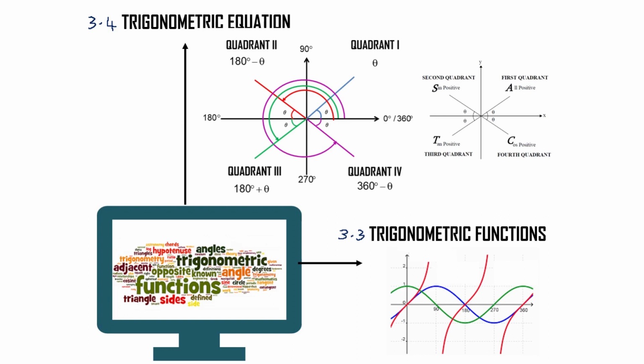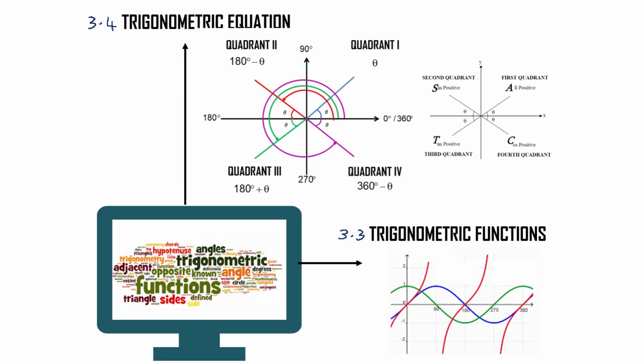Okay. The second one is 3.4 trigonometric equation. So inside this subtopic, you can identify we have 4 quadrants here. And inside quadrant 1 we use the basic angle or reference angle. The second one we will use 180 degree minus basic angle.